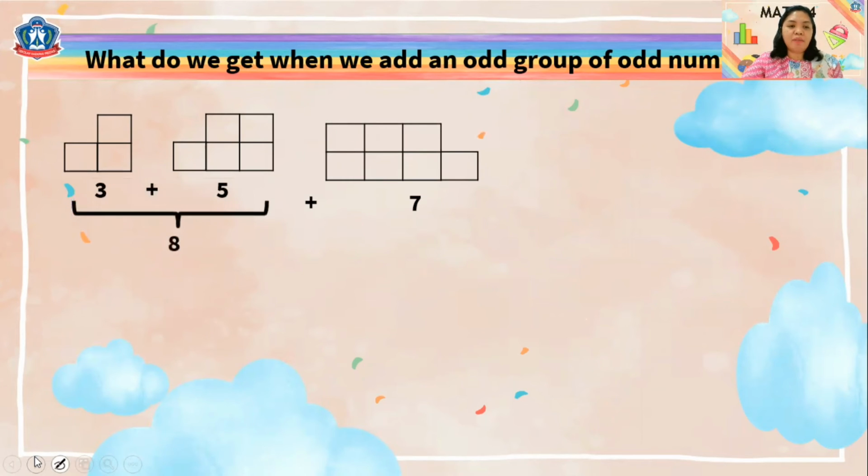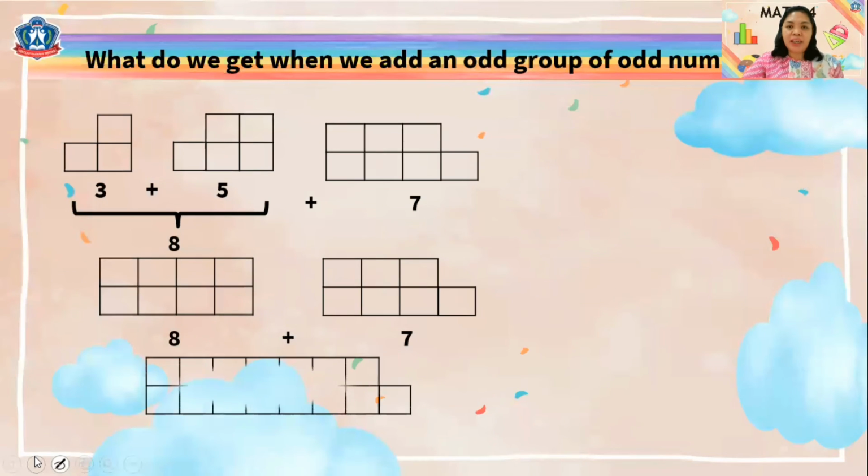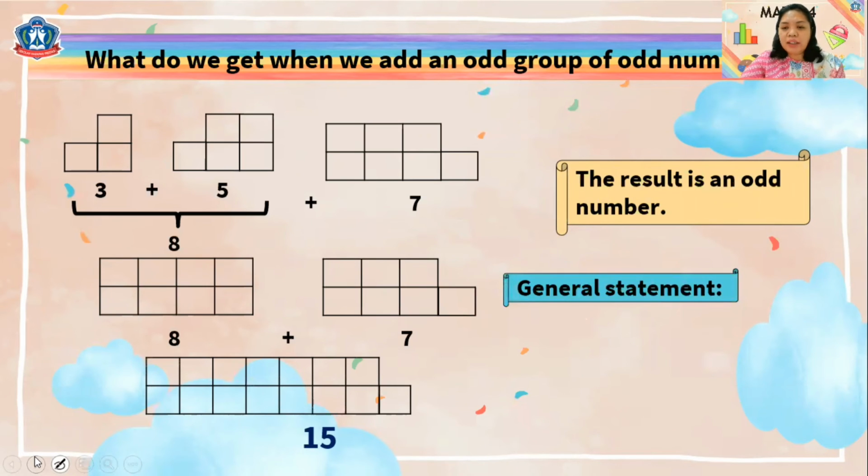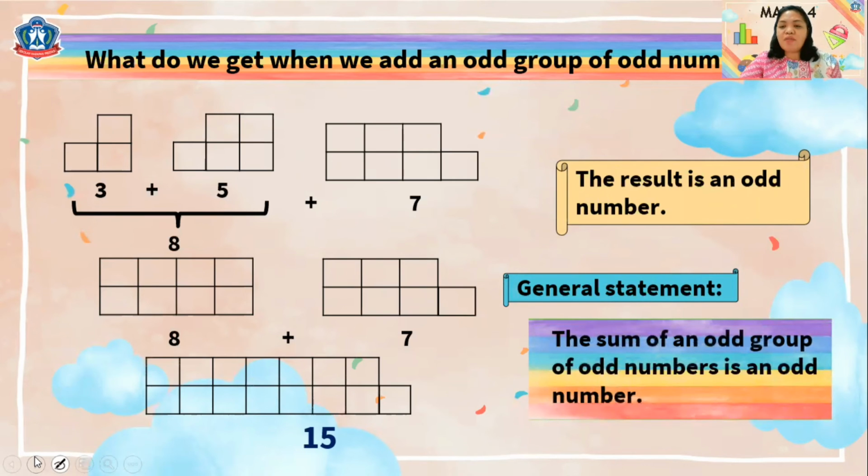If we add them, 3 plus 5 is 8 and plus 7, that is 15. So, the result or the sum is, yes, an odd number. So our general statement states that the sum of an odd group of odd numbers is an odd number, right?